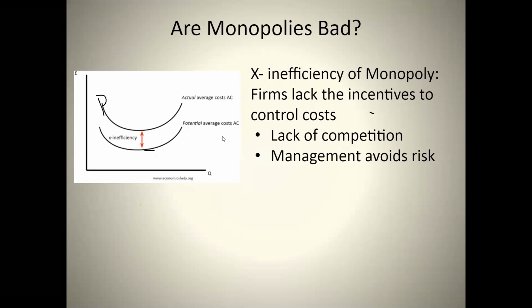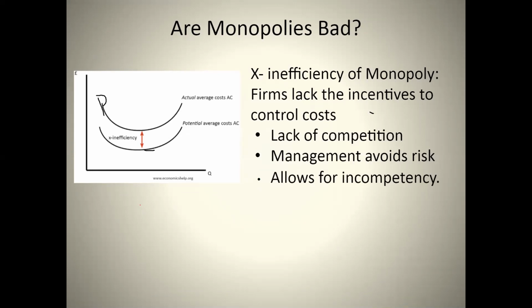Why rock the boat? There would be no reason to change. You don't have to stay ahead of anybody. And so they might avoid risk. And the third reason might be that it just allows for incompetency. A lack of competition allows for a lot of complacency in the business, and therefore an inability to control cost.